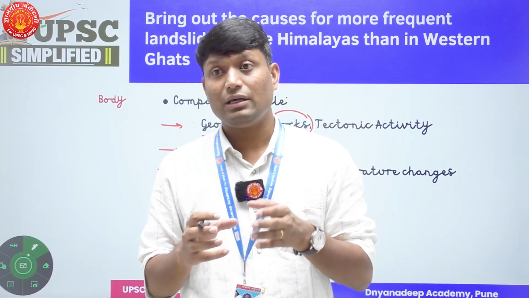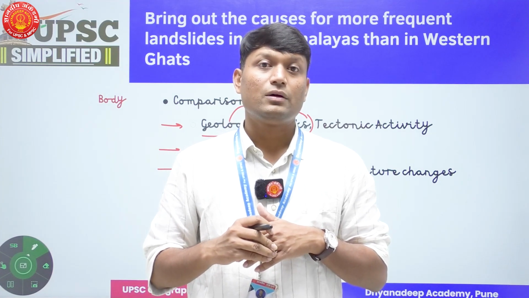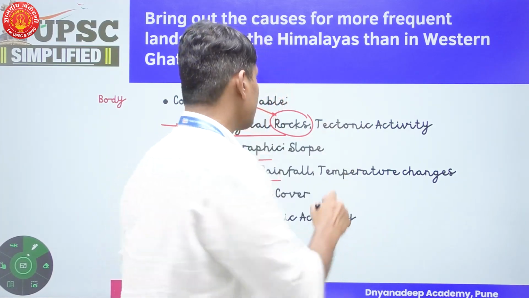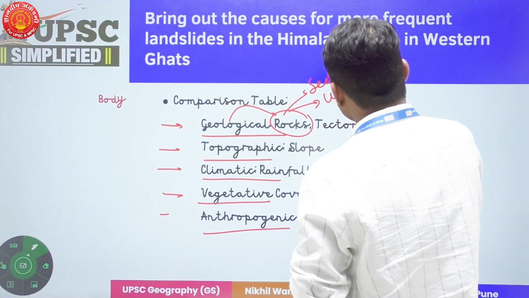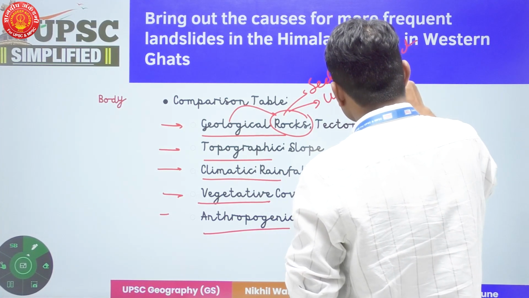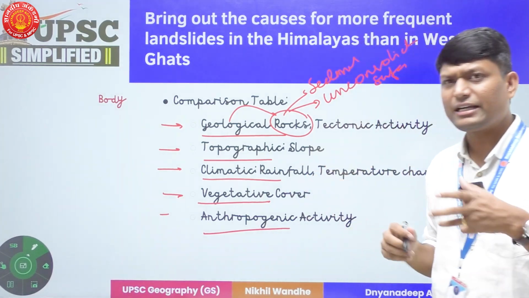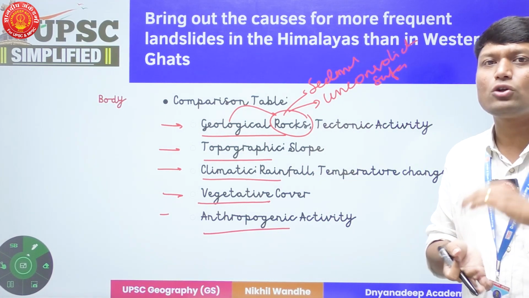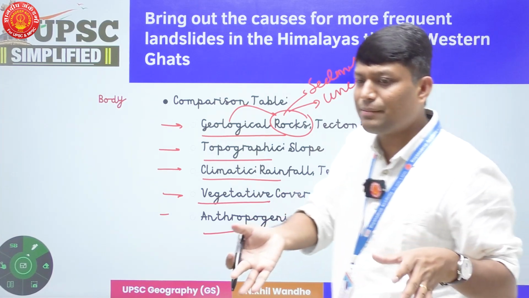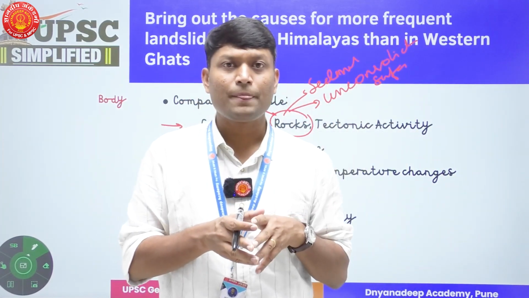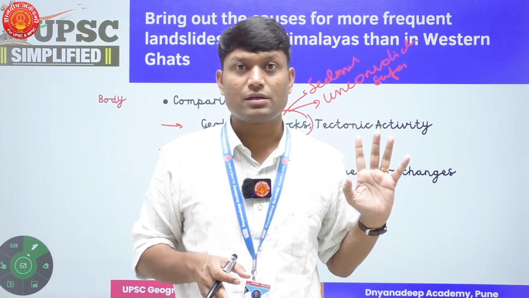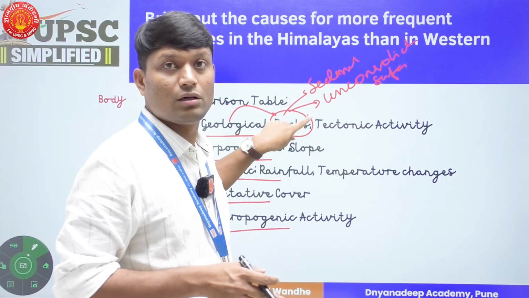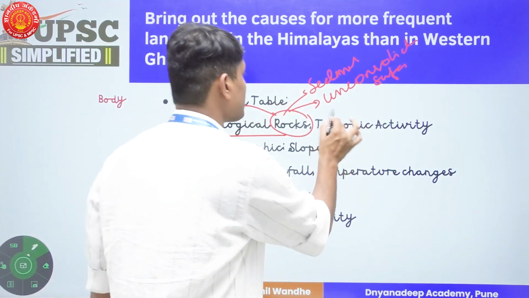When it comes to the Himalayan regions, the rock is sedimentary, or in some parts you can have some unconsolidated surface. Unconsolidated in a way, there is no proper formation of rock. So whatever sediment is there has been deposited one over another, and that sediment is loose. The same is not the case in the regions of Western Ghats, right? That is my first difference in geological terms.